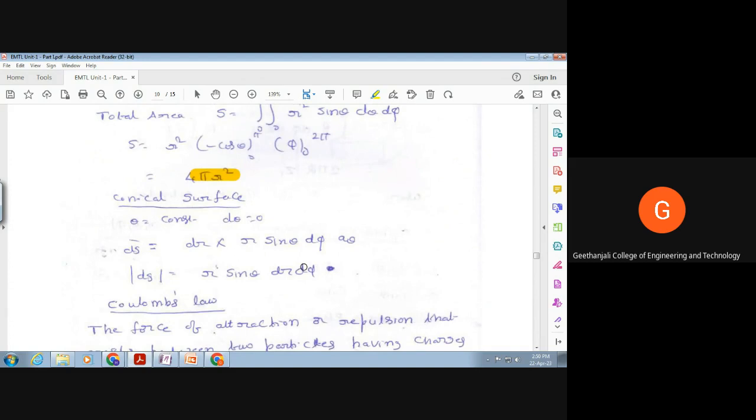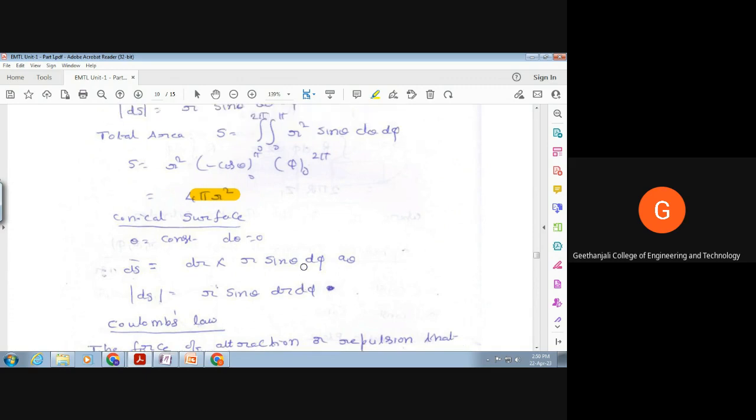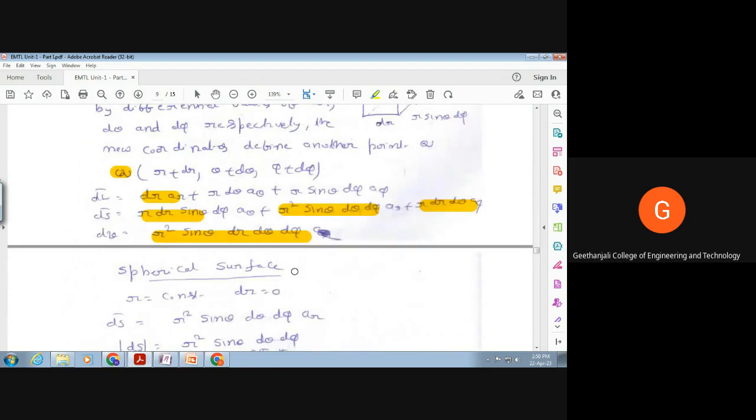Now similarly the conical surface. How do we obtain the cone? Keeping theta constant. Once theta is constant, d theta is equal to 0. That you substitute, so these terms won't be there.